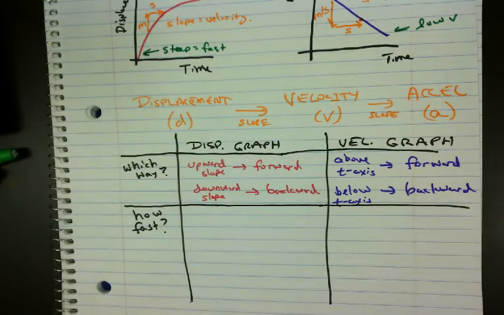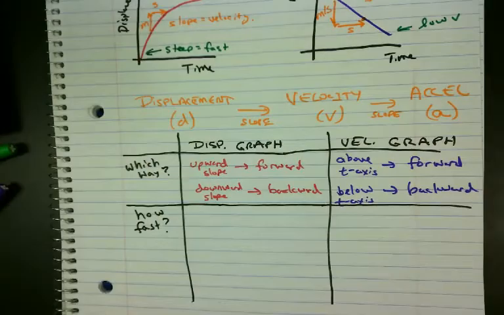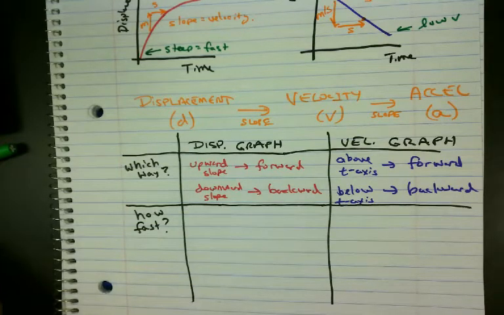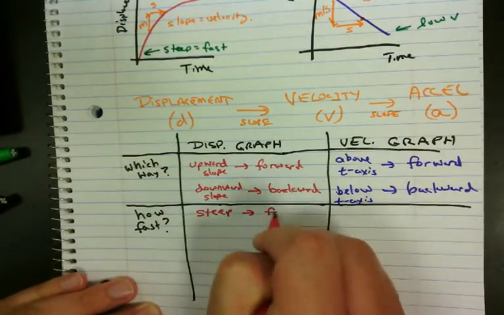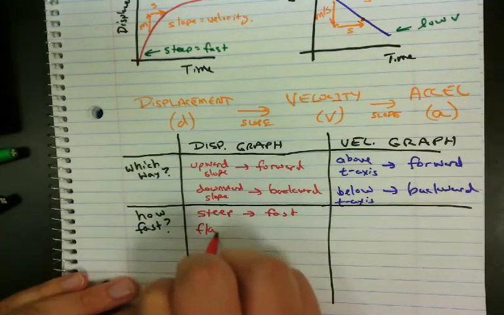The second question I want to be able to answer when I look at the graph is how fast am I going? So we've already talked about what does a fast graph look like for displacement? Fast versus slow, what's the difference? How steep is it? Steep, right? So steep is going to mean fast in a displacement graph, and flat is going to mean slow.